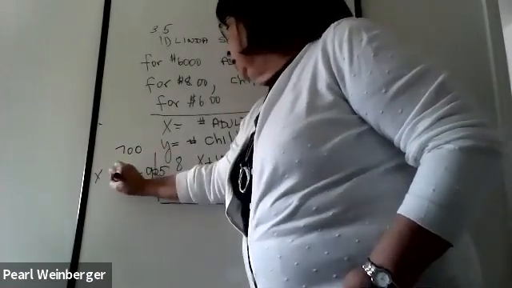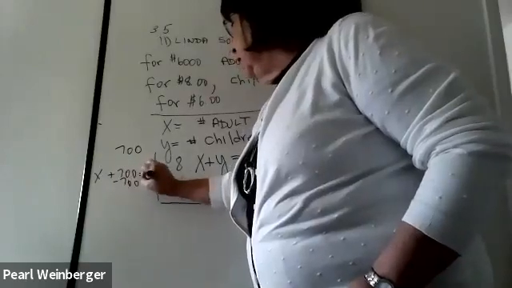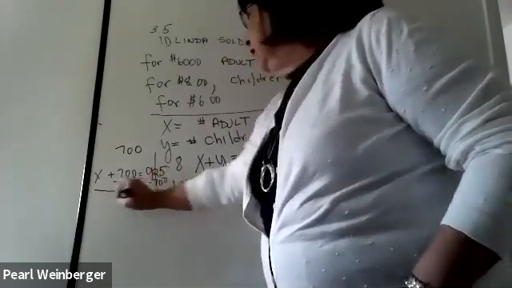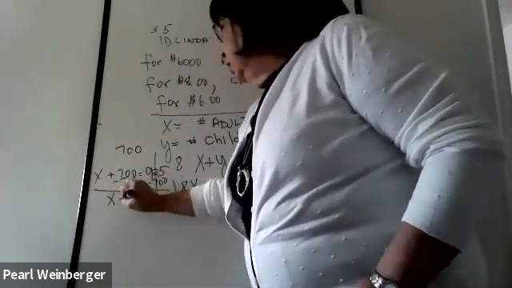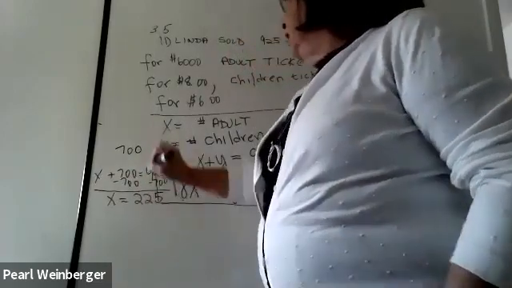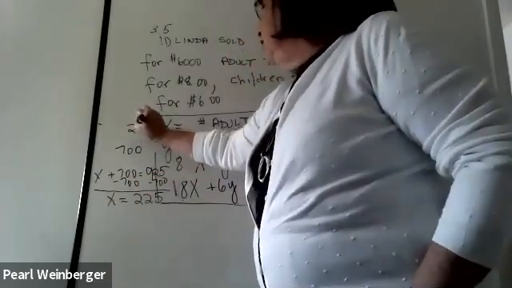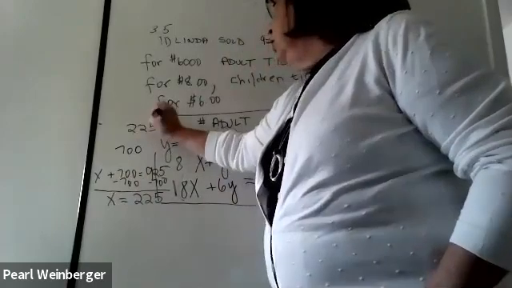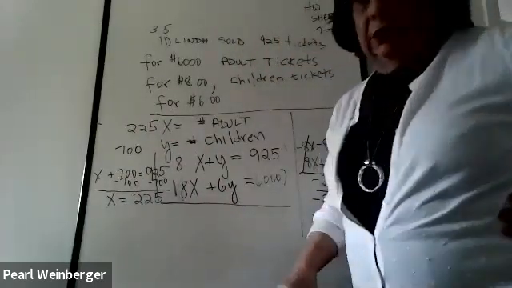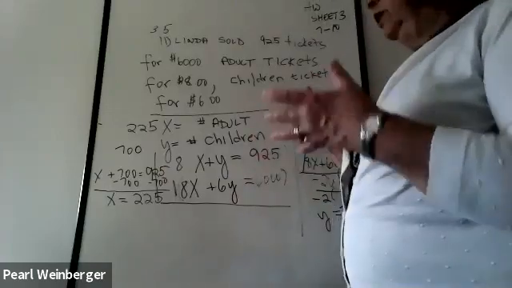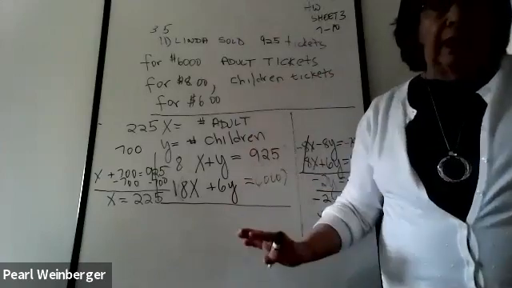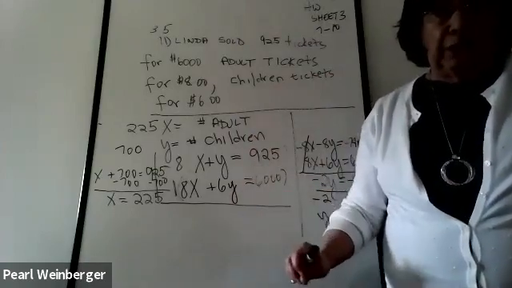And if I subtract 700 from both sides, this will give me x equals 225. So we have 225 adult tickets that she sold and 700 children's tickets. And notice we used a regular system of equations. We wrote a system of equations and we solved the system of equations.